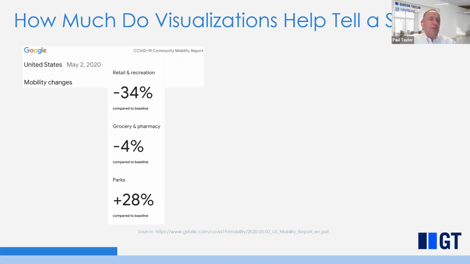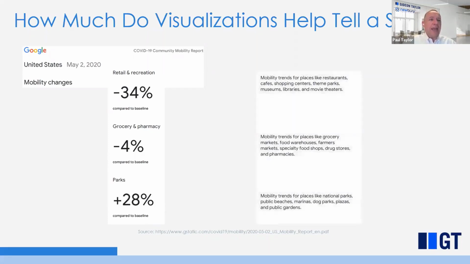It looks like people are doing a lot less use of retail and recreation outlets. Grocery and pharmacy, not a whole lot different, but wow, a whole lot of change in attending parks. We can pull that out of those numbers, and we can add some descriptive information to get an idea of what places we're actually talking about here.